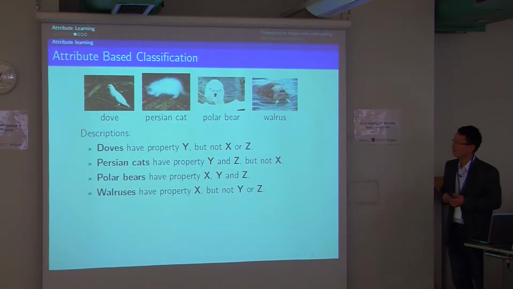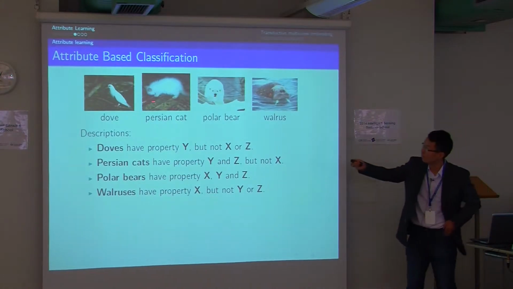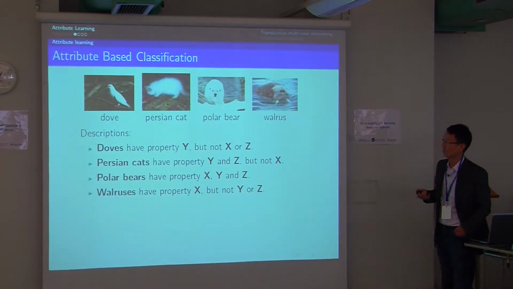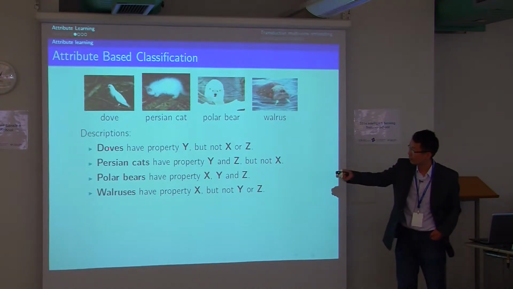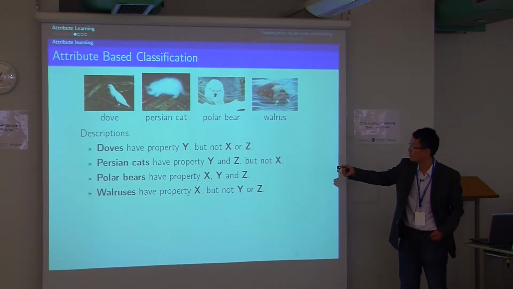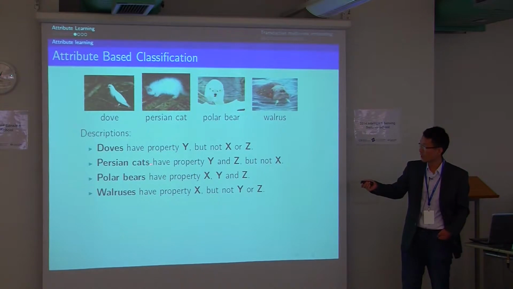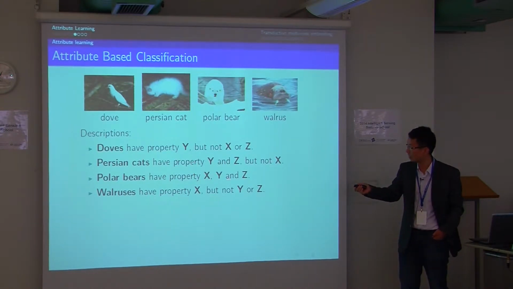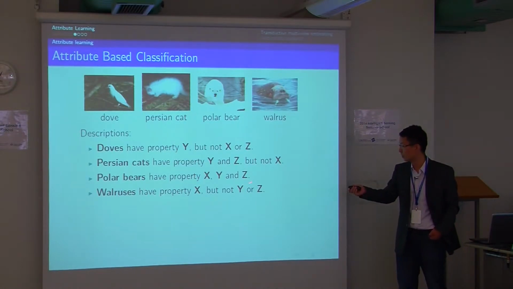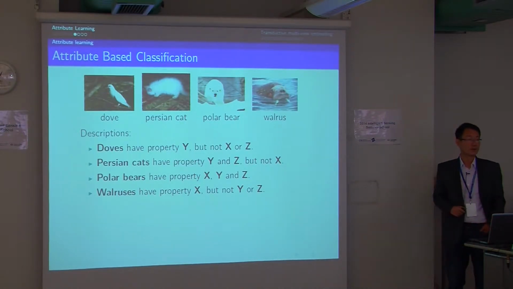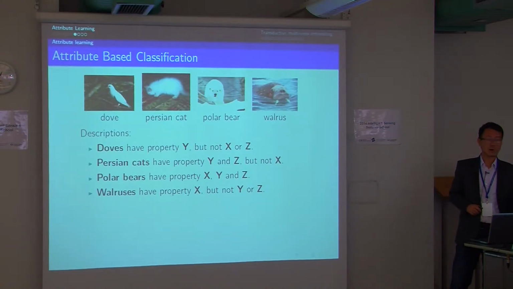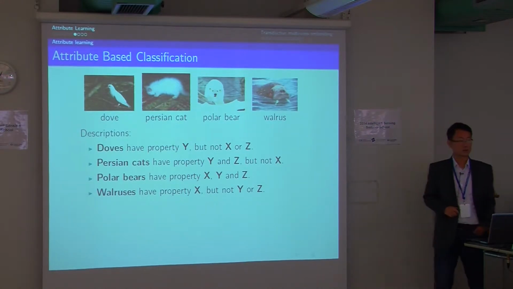But if I give you some examples of these four different animal categories, and I tell you, dogs have property Y, but not X, not Z. Persian cats have properties Y, Z, but not X, and polar bear has X, Y, Z, and the walrus has property X, but not Y and Z. Can you guess what Y, X, and Z correspond to?